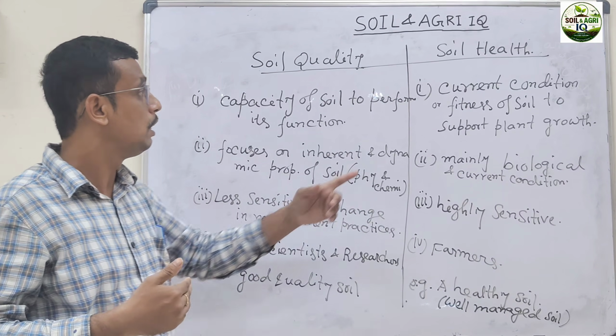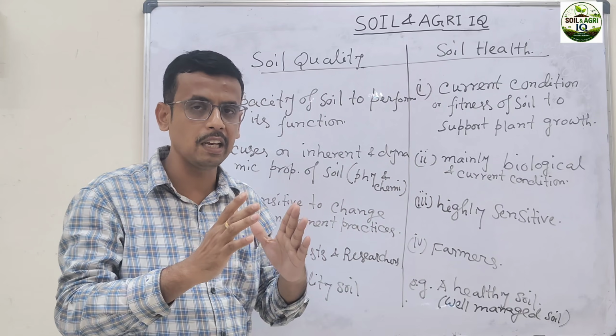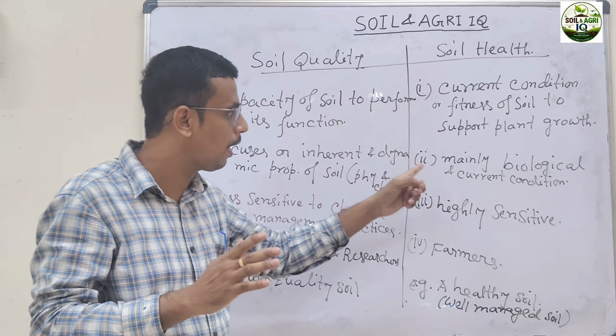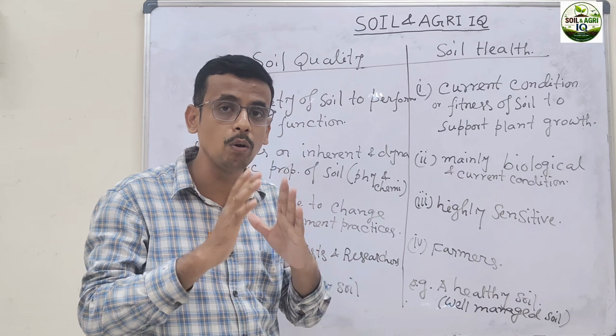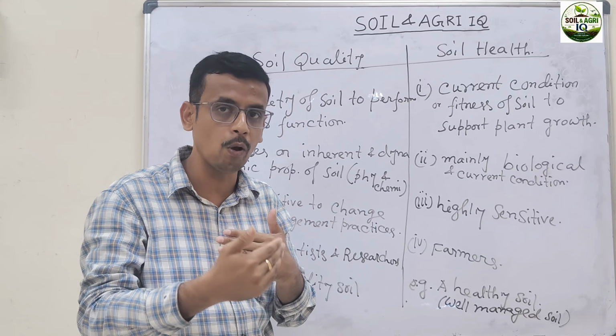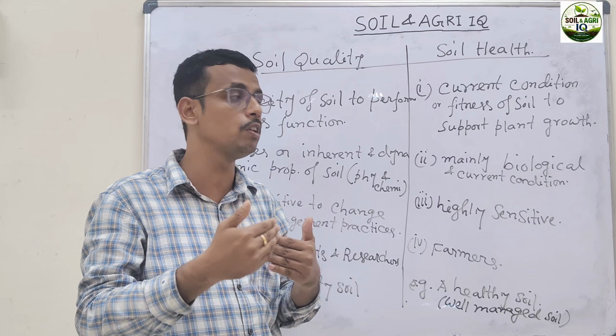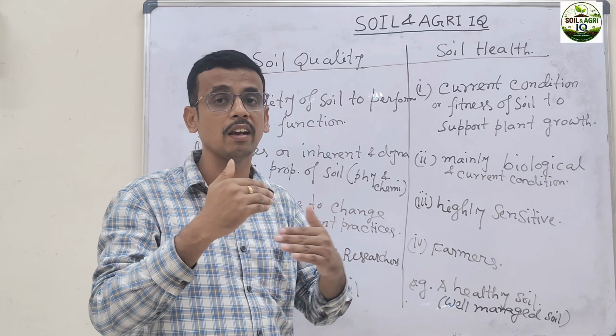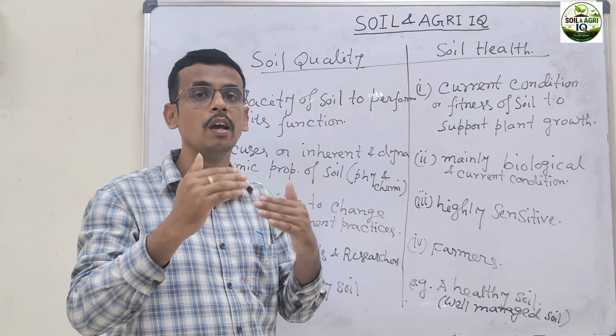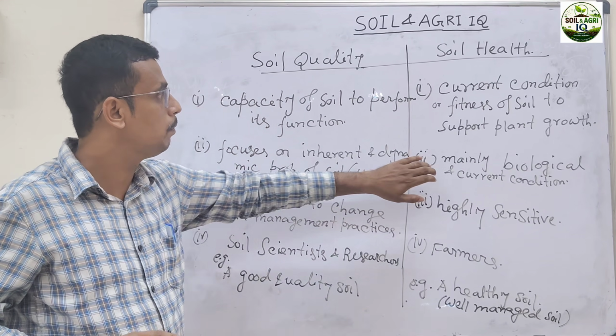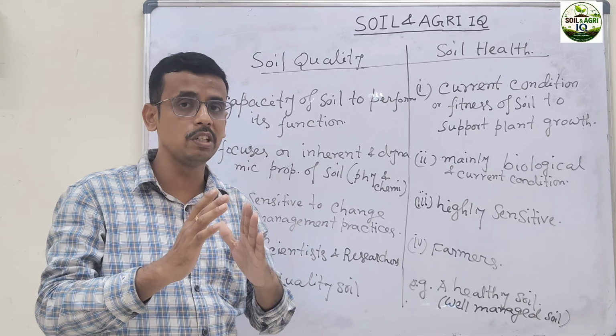And soil health supports all these, but mainly focuses on the biological properties of the soil, like microbial biomass carbon, microbial biomass nitrogen, enzymatic activities, and the current condition of the soil.